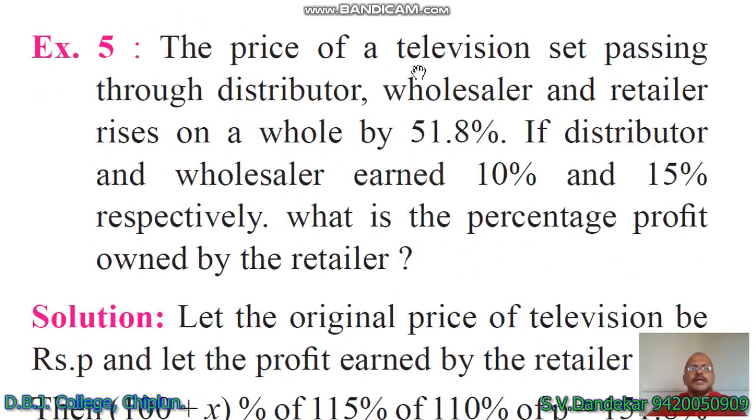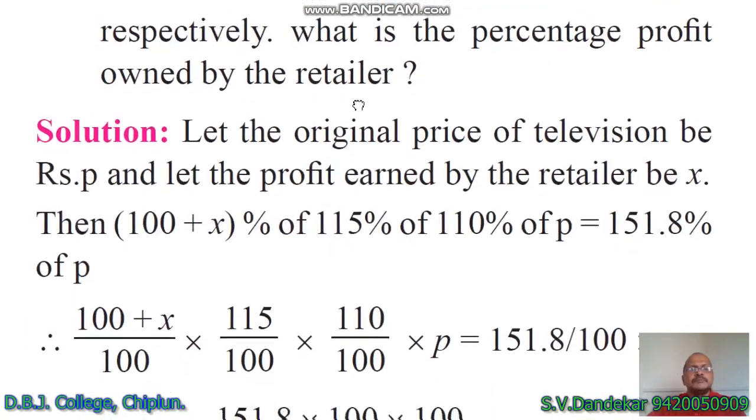The price of a television set passing through distributor, wholesaler and retailer rises on the whole by 51.8%. If distributor and wholesaler earned 10% and 15% respectively, what is percentage profit earned by the retailer?